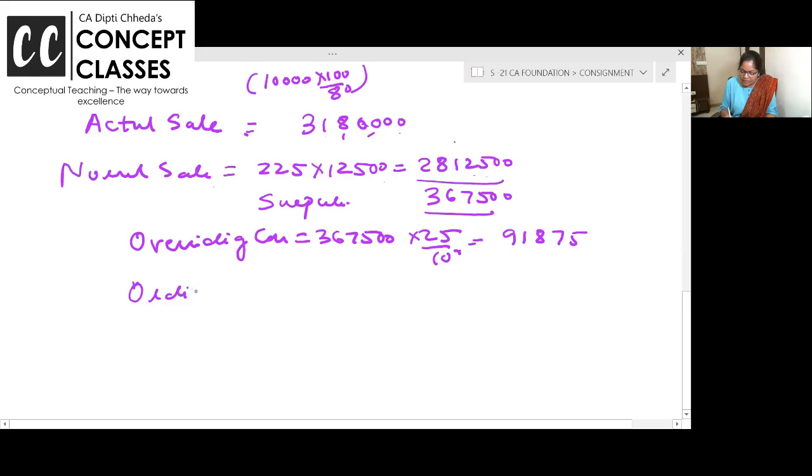Now, ordinary commission. If you are giving overriding commission, ordinary commission will not be on actual sales. It will be on your normal sales. Read the language. Ordinary commission of 5%, 2% on normal sales. So what is your normal sales? 28,12,500. On that 5%. 28,12,500 into 5%. 140,625.